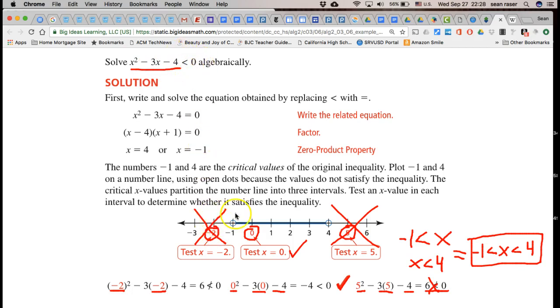If it does, then it's part of your solution set, and if it doesn't, then it's not. This one just so happened to have the region in between our critical values as the solution set. Sometimes you'll find that the solution is the regions outside of your critical values, or just one region. It's different every time, so you always have to check all 3 regions.